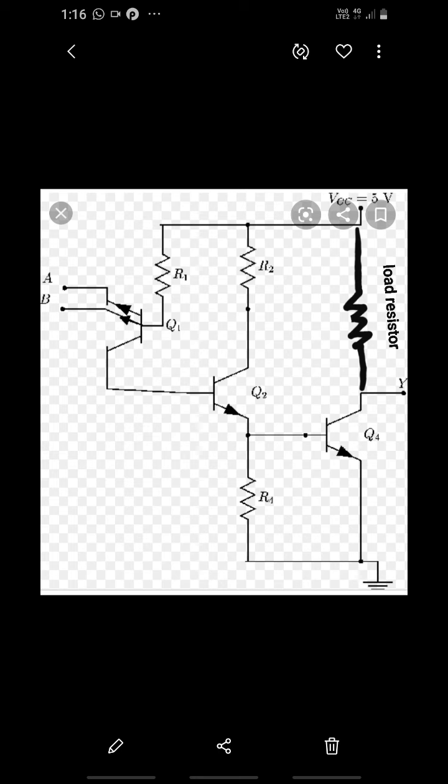Next, case 2: if A is equal to B is equal to 1, both the inputs are high, the base to emitter junction of Q1 is reverse biased and its base to collector junction is forward biased. Therefore this permits the current through R1 and the base to collector junction of Q1 into the base of Q2.